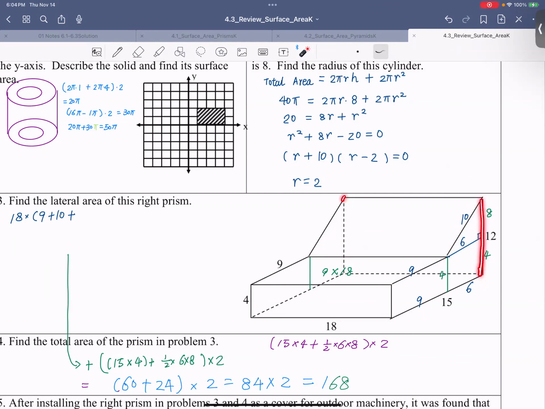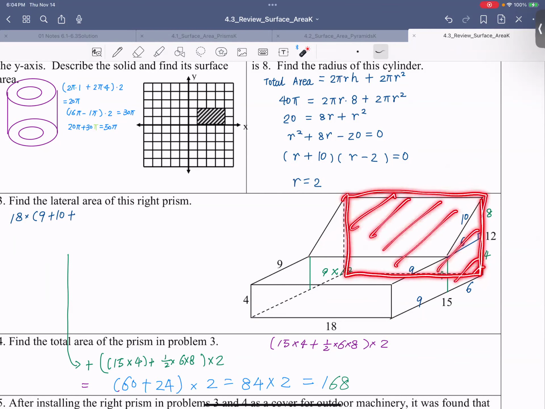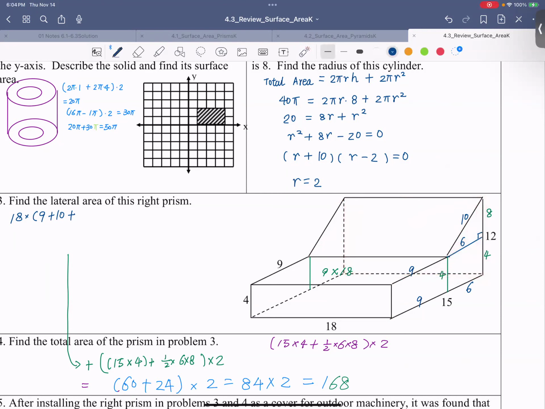That's this area. Plus 12. And then you want to plus who? 15. Good. You plus 15. And then you come back, you plus who? 4. Yes, very good.